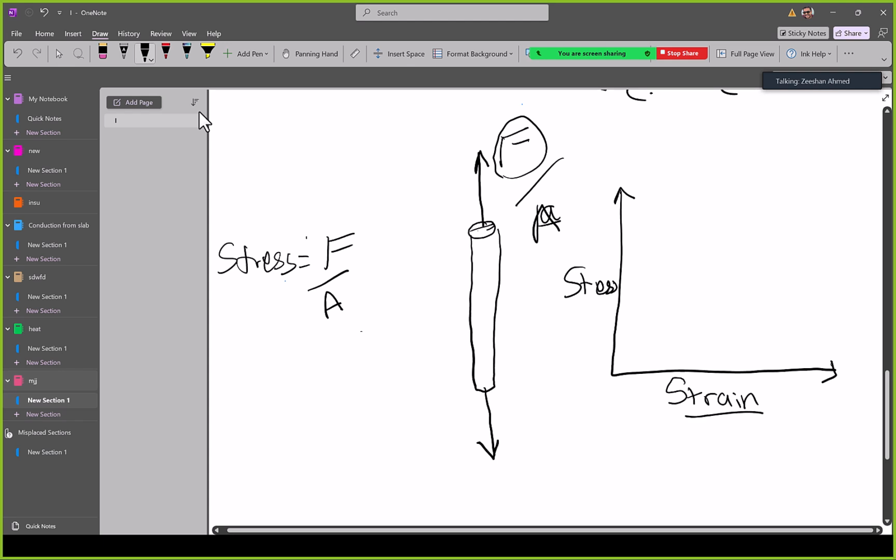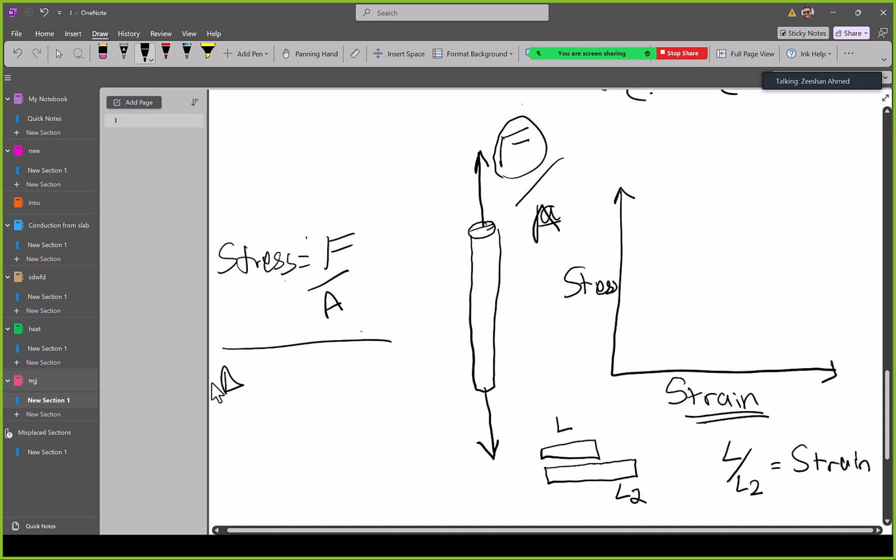So we have strain here. Now what is strain? Strain is that if I have an object of a length L, and when I stretch it, it becomes L2. So L divided by L2 is strain.